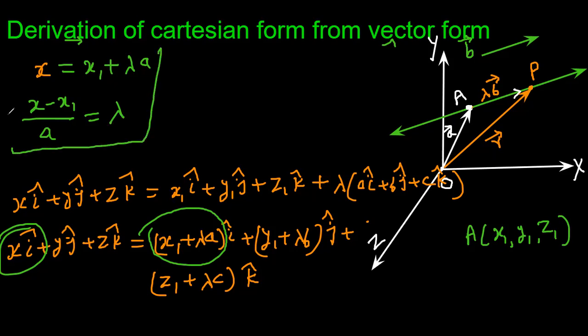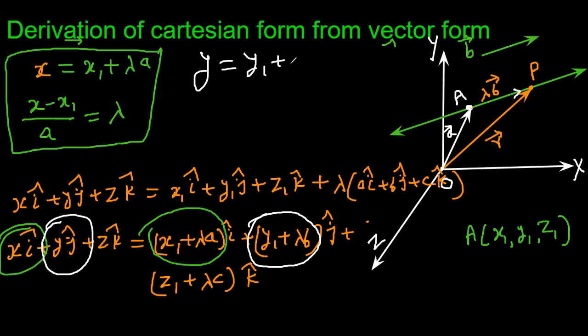Yes or no? We are getting the value of lambda by equating coefficients. Same thing we are going to do with the y, you see here, y j. So we are getting y is equal to y1 plus lambda b. That means we will get y minus y1 over b, that is also lambda.